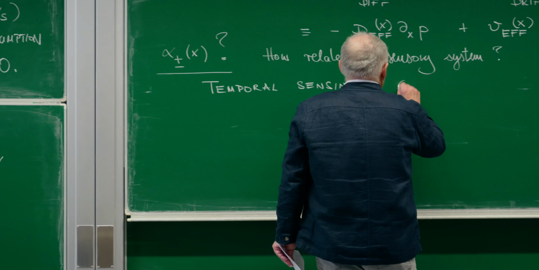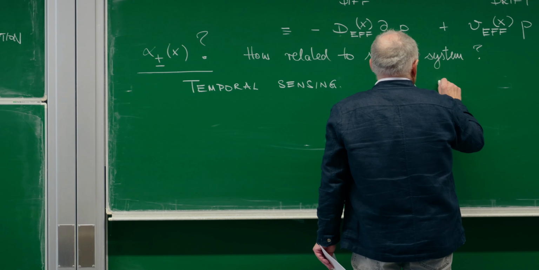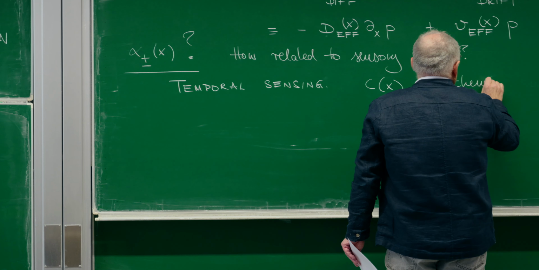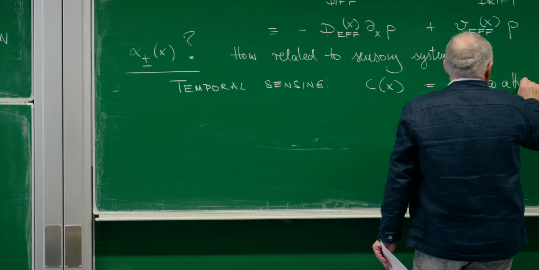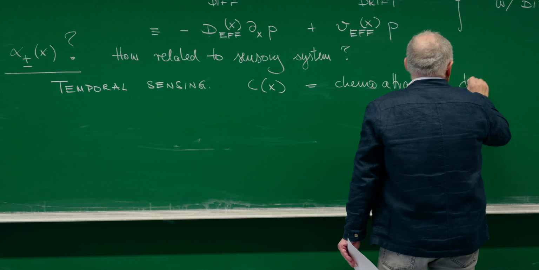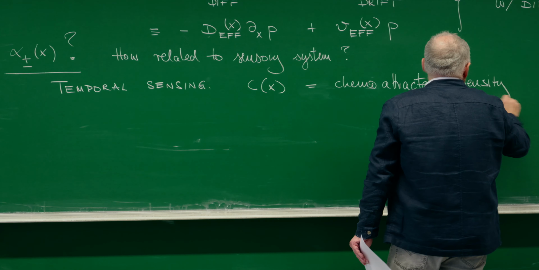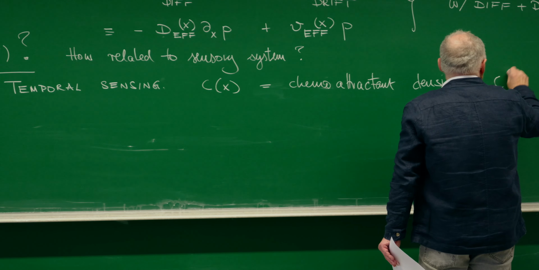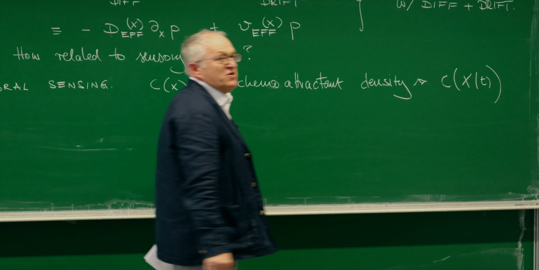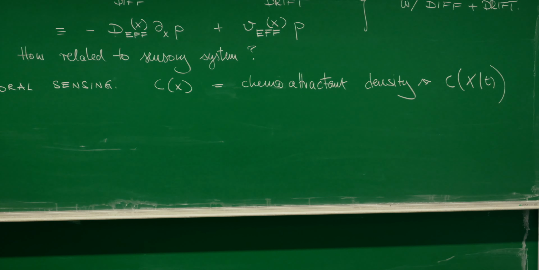So let's see, c of x equals the chemoattractant or repellent density. Then what they read off is the change of this gradient along their own trajectory, which is x of t.